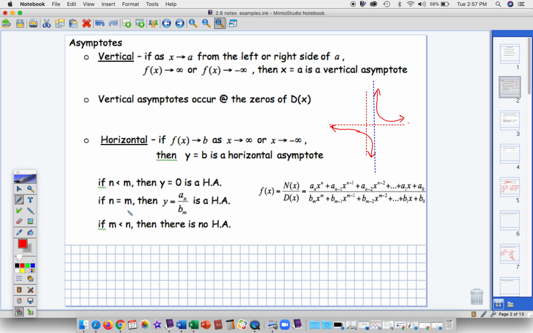If the degrees are equal, then y equal to the ratio of the leading coefficients, a sub n over b sub m, is the horizontal asymptote. If m is less than n, then there is no horizontal asymptote. And we'll get to what happens in that case. So again, it's all about comparing the degrees.